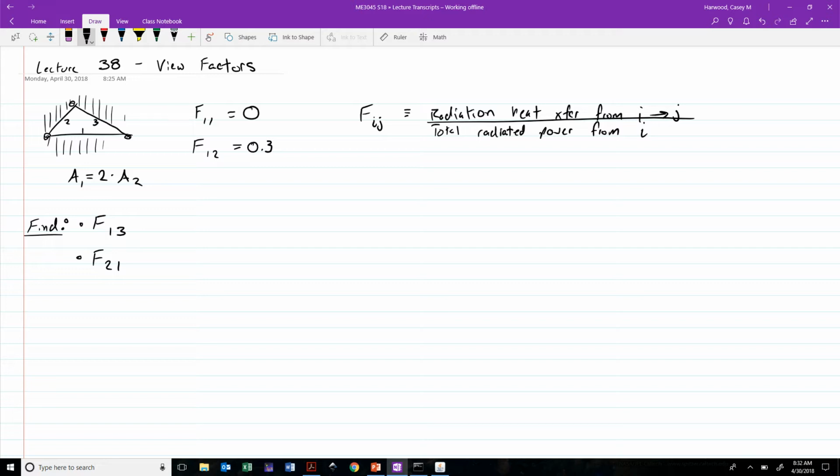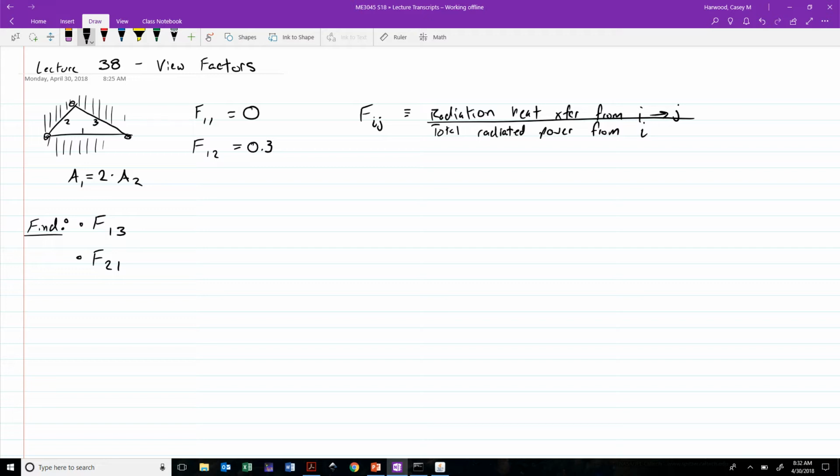This is going to require us to use the 2 rules that we talked about last time. If we wanted to find F13, anyone remember what rule for view factors would apply in that case? The 2 rules were the reciprocity rule and the summation rule.